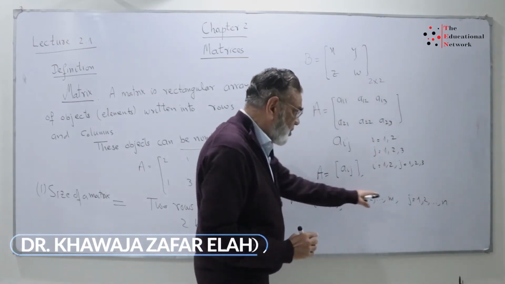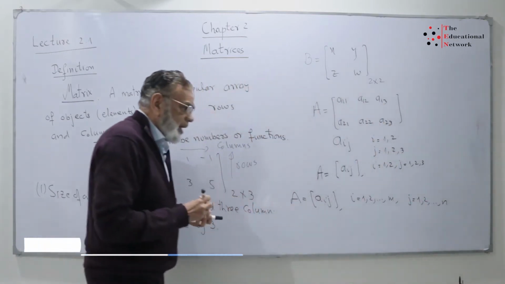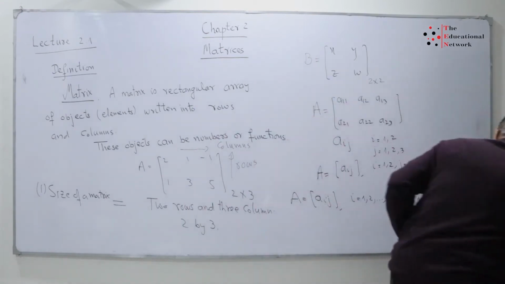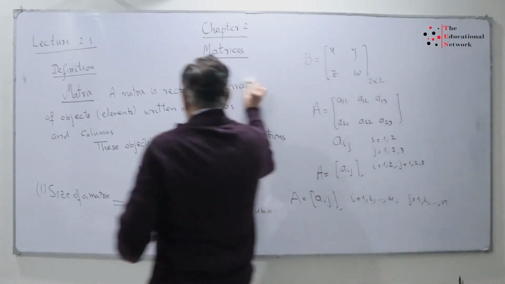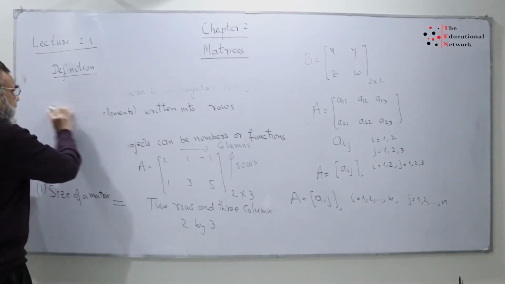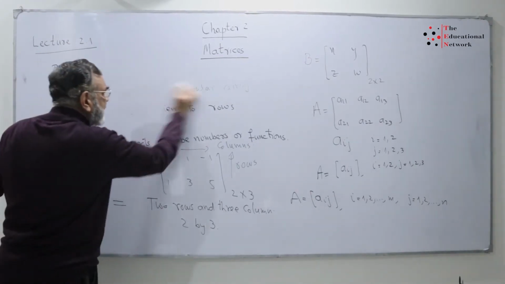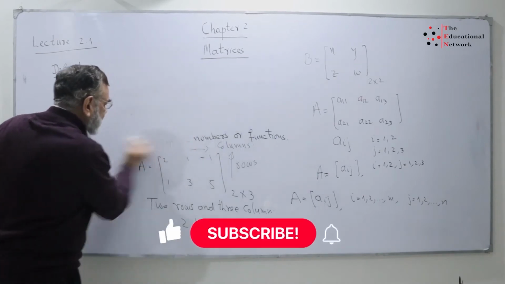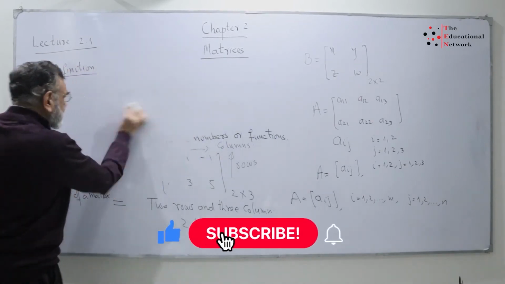So it has m rows and n columns, and this defines the complete matrix. You'll get the idea of how we can write any matrix in that form: a general form of a matrix in terms of Aij.